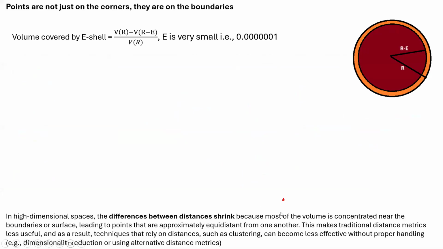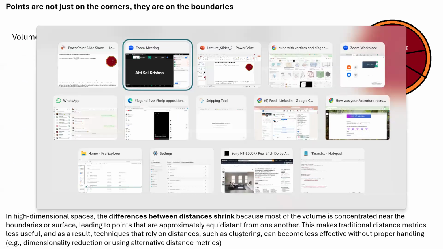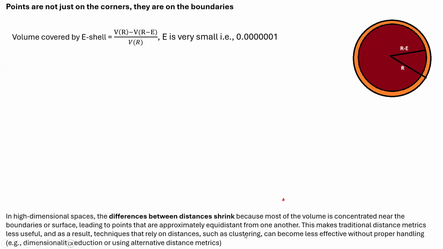And what is the other point? Most of the volume is concentrated in the borders or surface, leading to points that are approximately equidistant from one another. This makes traditional distance metrics less useful, and as a result, techniques that rely on distances such as clustering can become less effective without proper handling, dimensionality reduction, or using alternative distance metrics.